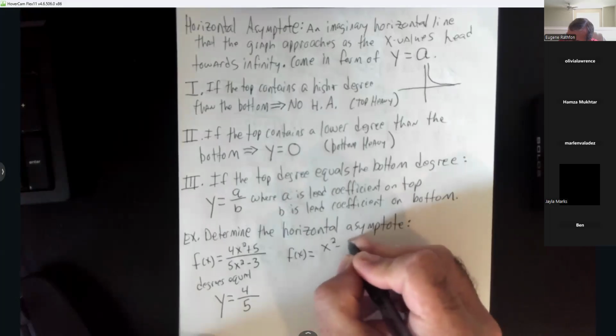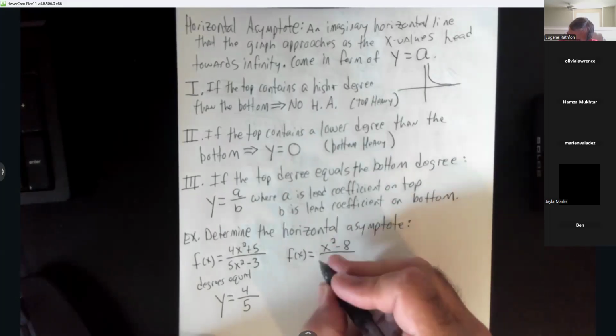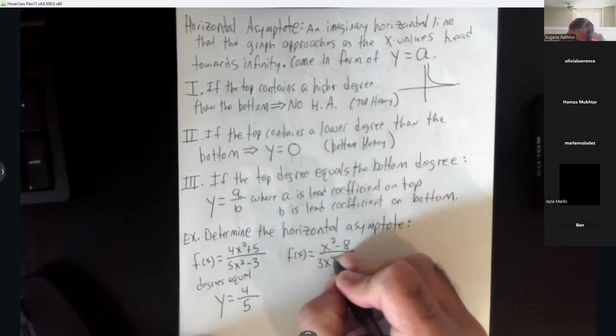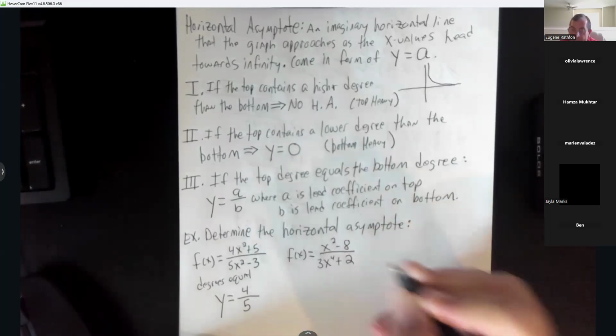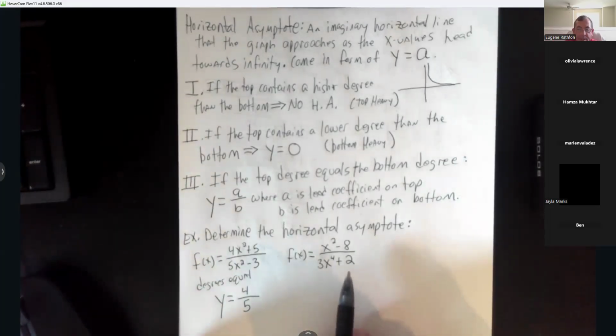x squared minus 8 over 3x to the 4th plus 2. So y'all, any guesses on this one? All right, so let's see.